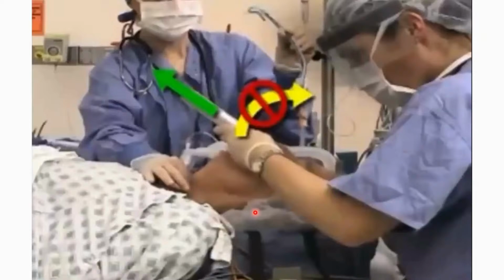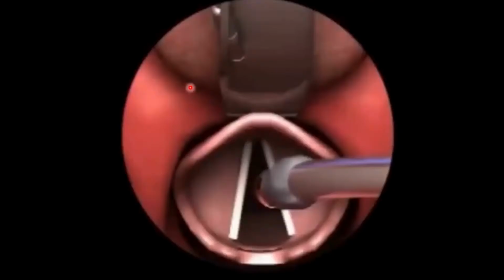Everybody, I'm just going to share some slides from the actual talk, looking at the technique of endotracheal intubation, how not to rock the laryngoscope, how to lift it upwards at the proper angle, for instance. This is a view of the vocal cords and how the ET tube should be placed under direct visualization.